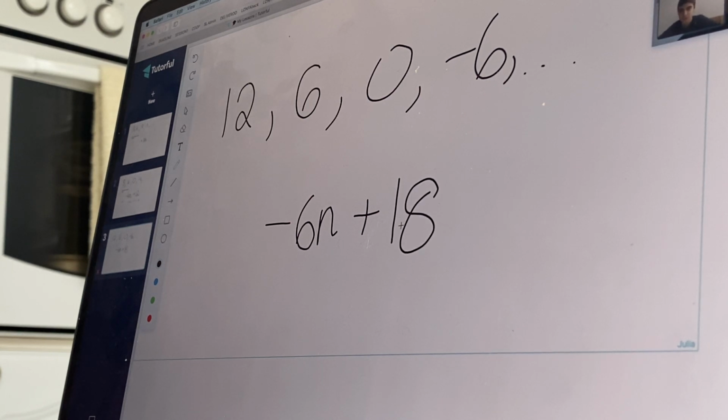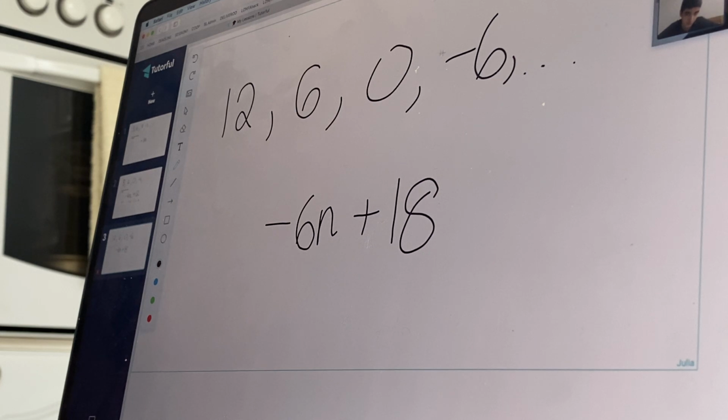So it's not going to be 12. Why is it not going to be 12? Can we add minus 6n and 18? No, we're going to do it from here.